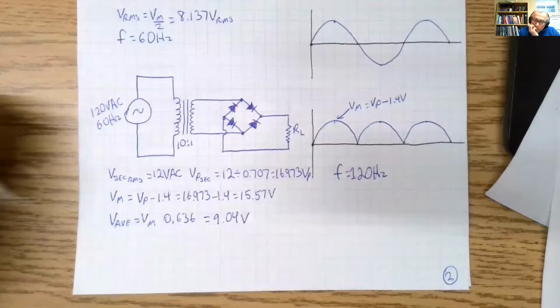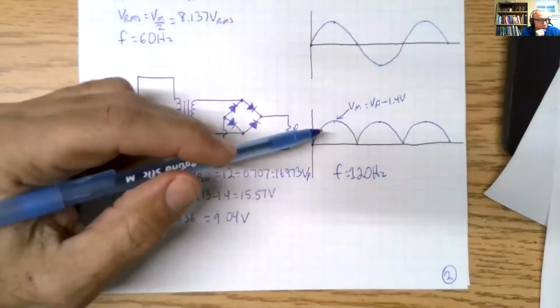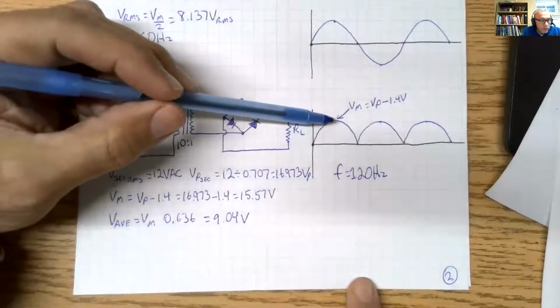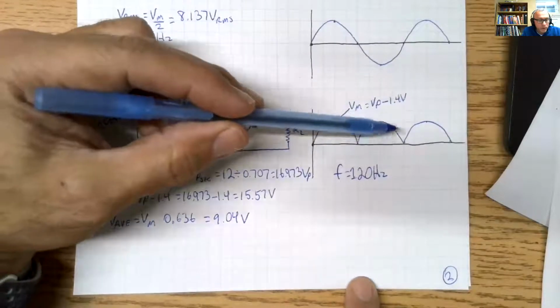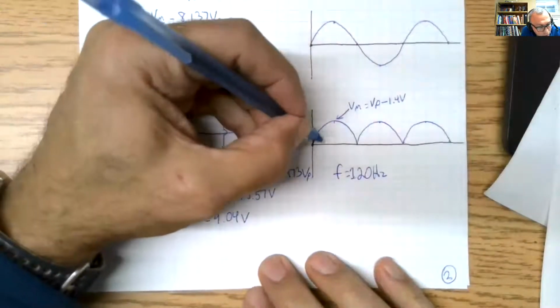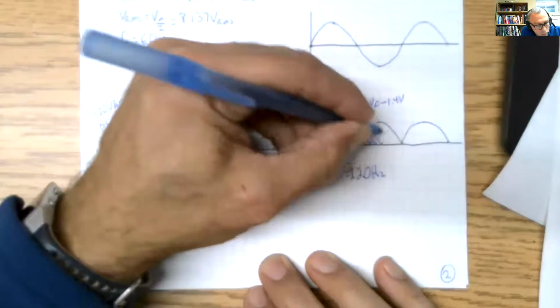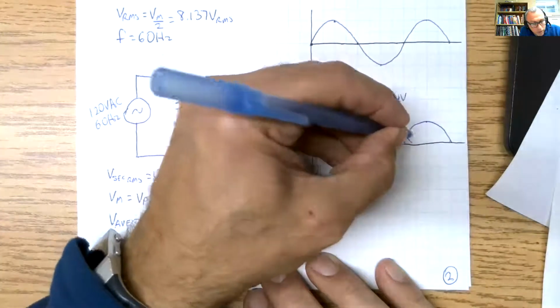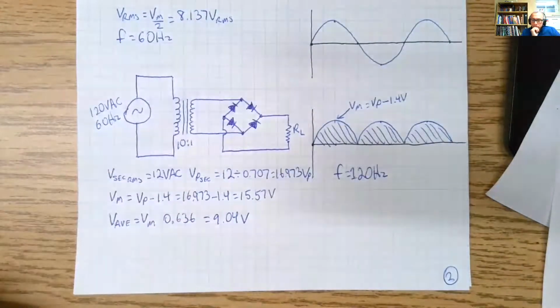Okay, this is before filtering. Even though the peak is 15.57, the actual average of this wave, the actual average that is below these pulsating voltages, is 9.04 volts.